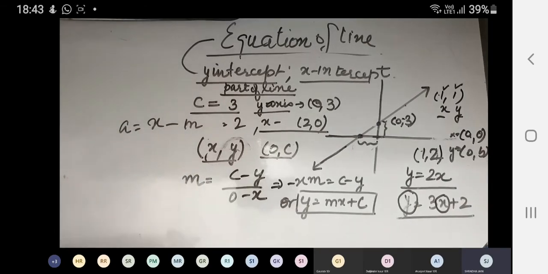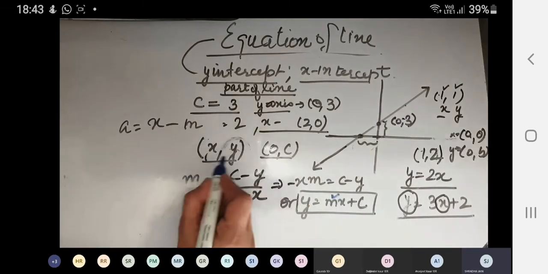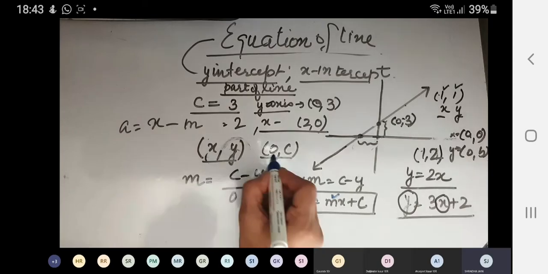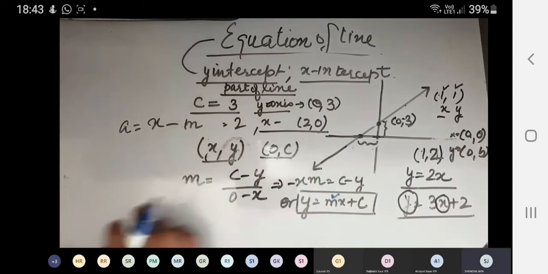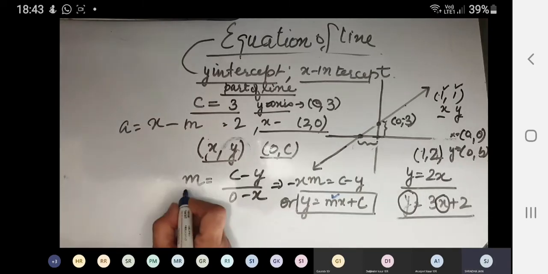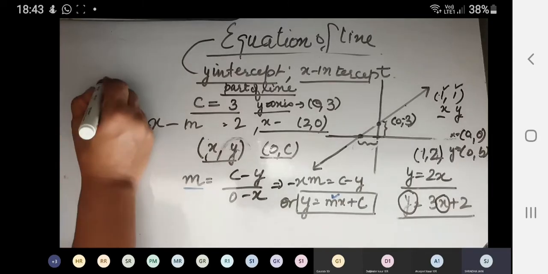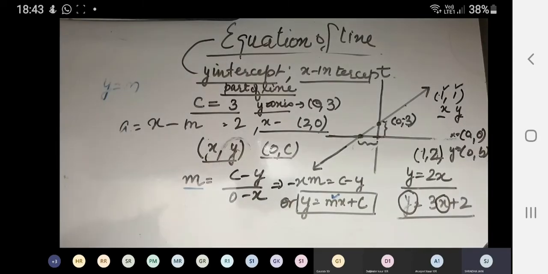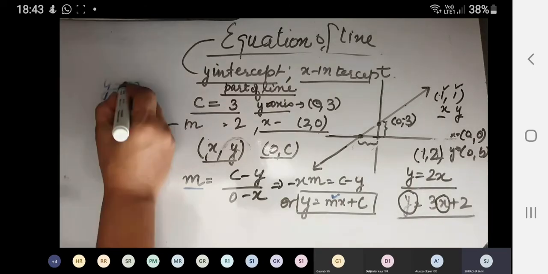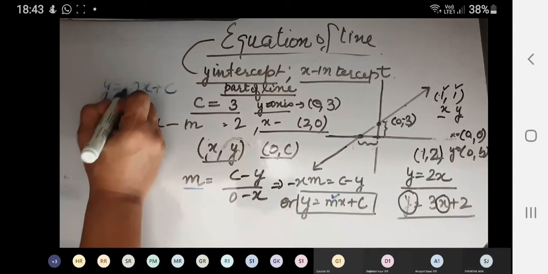Now, whenever we are given the slope, because this is the point which is always lying on the line, by the definition of slope we wrote the equation of line that y is equal to mx plus c.